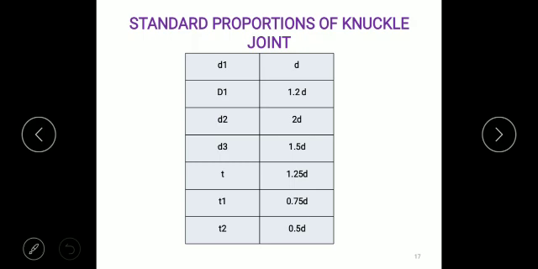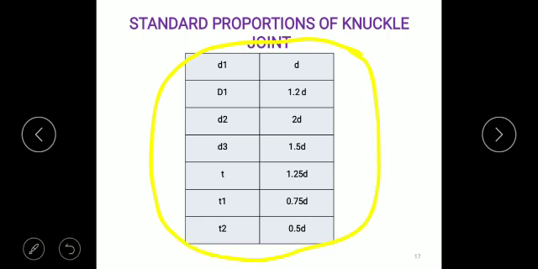So eight to nine different steps we have to use. From these different steps we can get the dimensions, or we can give the design check for the different dimensions of this knuckle joint. So this is the table. Initially we can select this dimension also.